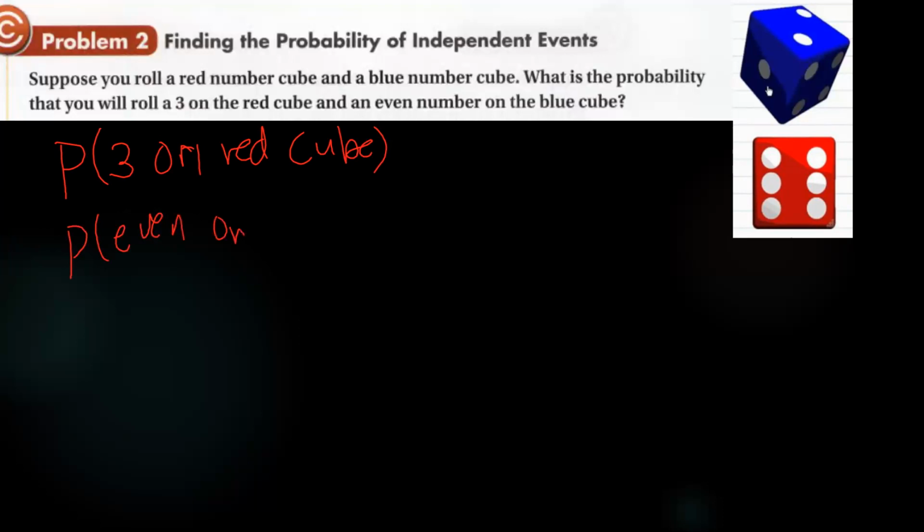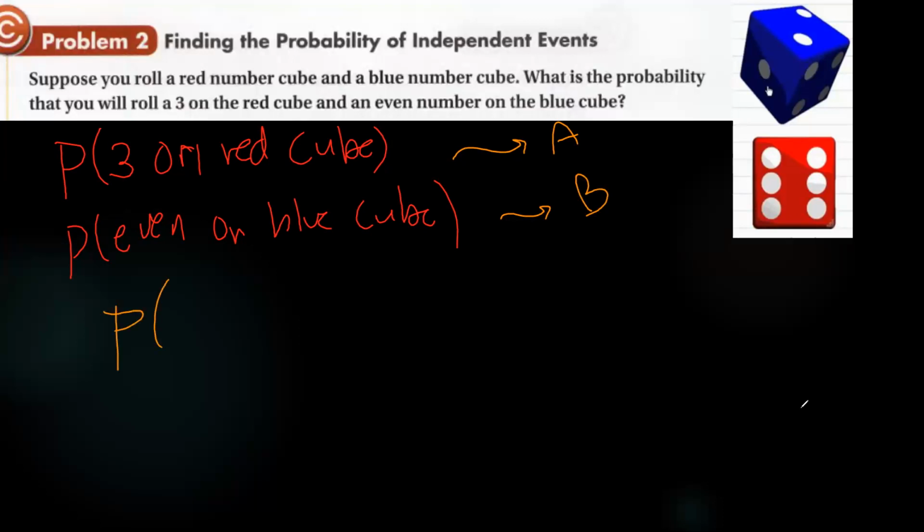So here now, suppose you roll a red number cube and a blue number cube. What is the probability that you roll 3 on the red cube and even on the blue cube? So this is an event A and this is an event B. Now, probability, how do I see it?